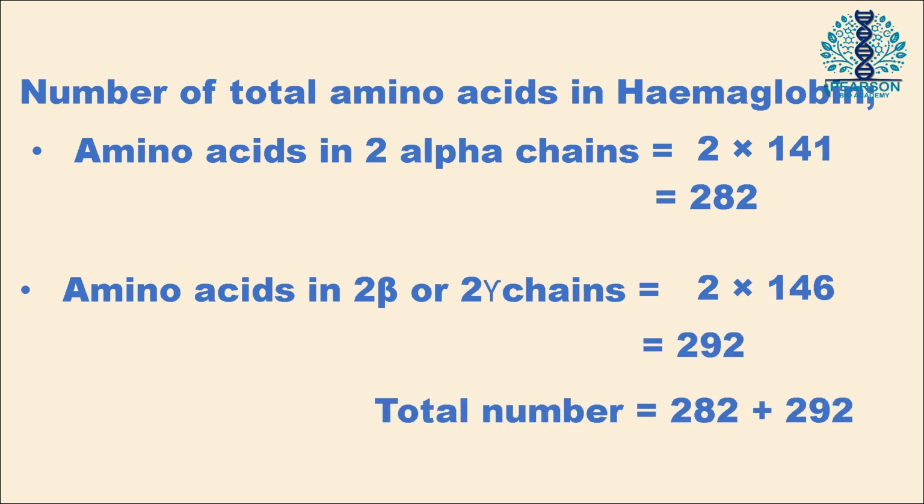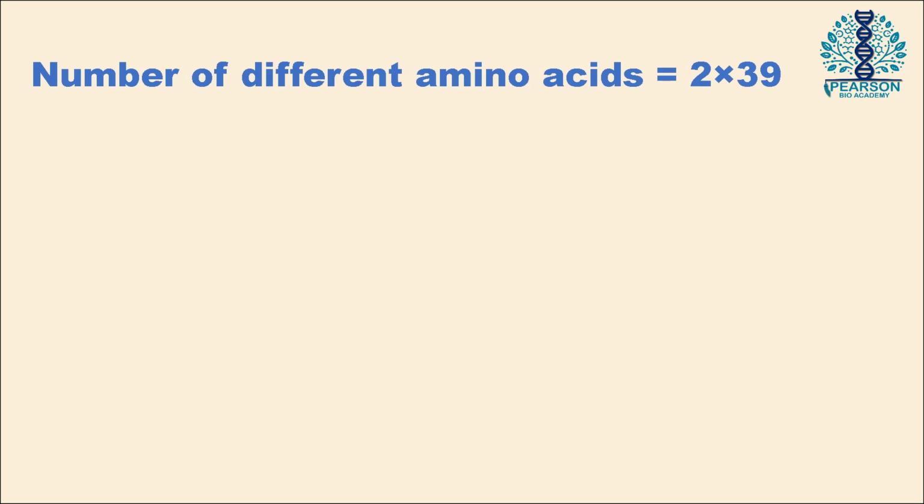So altogether, it contains 574 amino acids. Now we will find out the number of different amino acids. Each chain differs by 39 and there are 2 chains. Therefore, 2 times 39, it's 78.